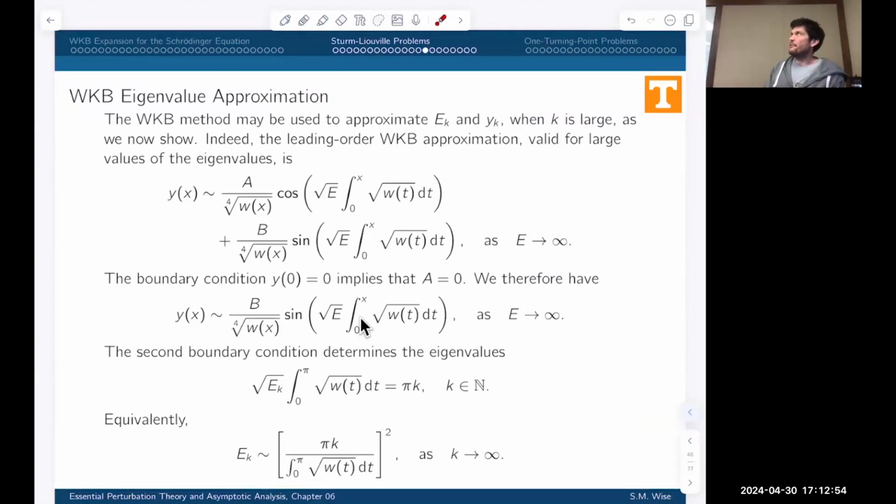Remember, I have to replace 1 over epsilon with the square root of E because they're the same thing, right? So more or less, I have 1 over E is equal to epsilon squared. So 1 over epsilon would be just the square root of E, right?